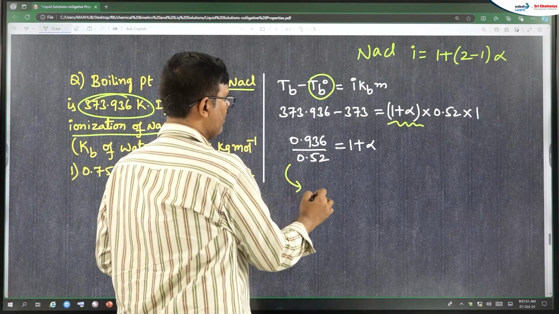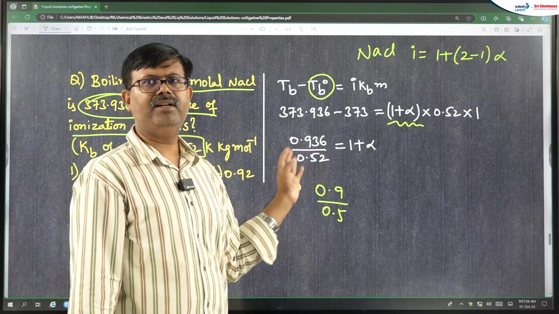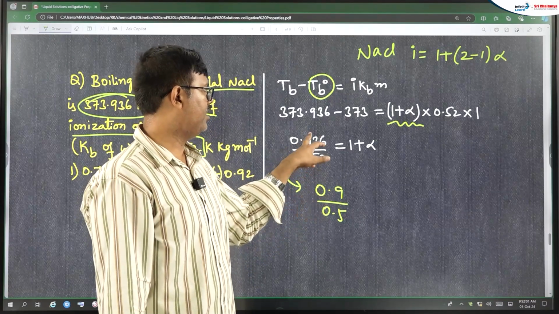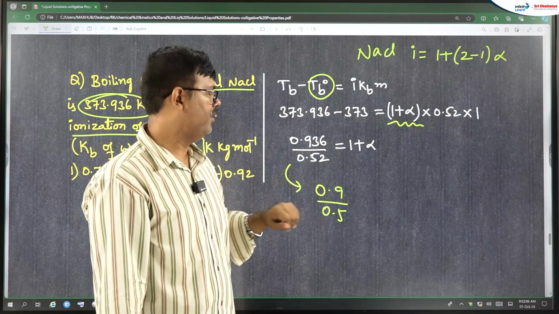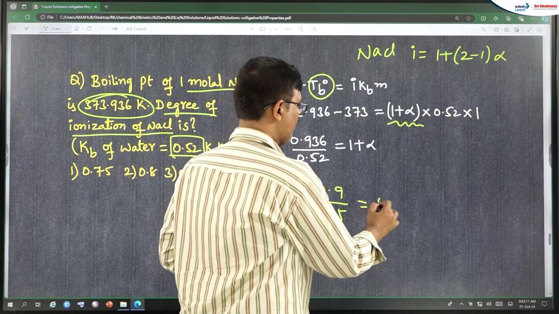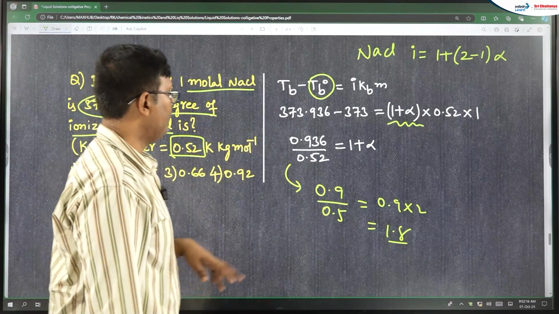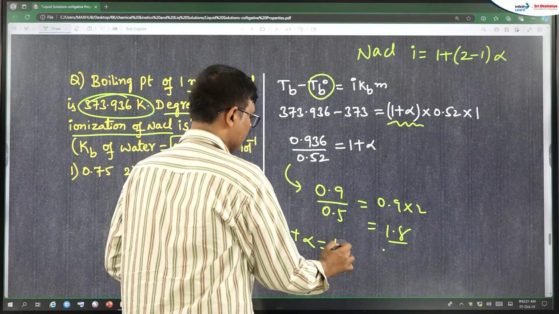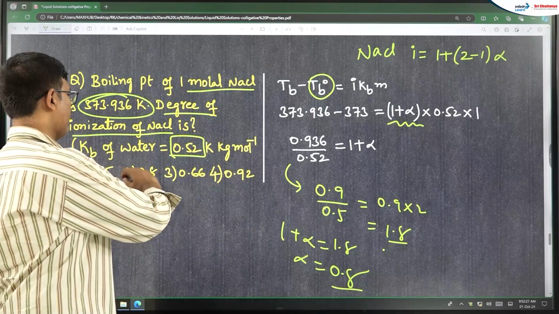I will take approximately 0.9 by 0.5, because the second decimal places 3 and 2 are almost close. 0.5 means 1 by 2. So this can be written as 0.9 into 2, around 1.8 you will get. So 1 plus alpha is equal to 1.8, which means alpha is around 0.8.